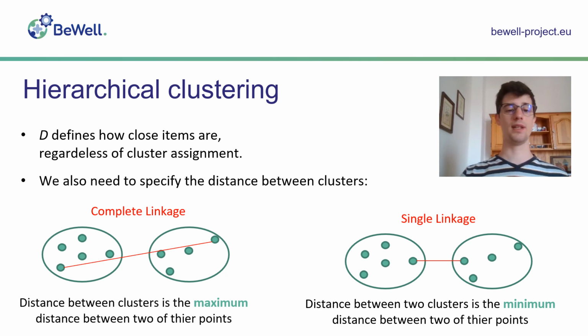Looking at the example in the slide, the distance between those two clusters will be equal to the distance between the 2 points connected by the red line. Another example is single linkage, which instead only takes into account the minimum distance between points in different clusters, hence it is more sensitive to noise.